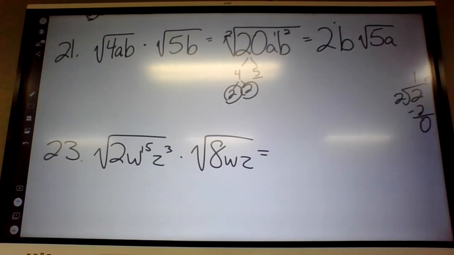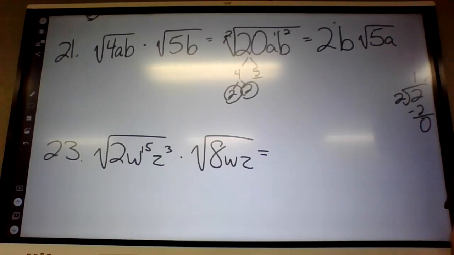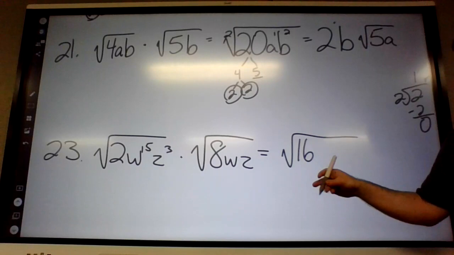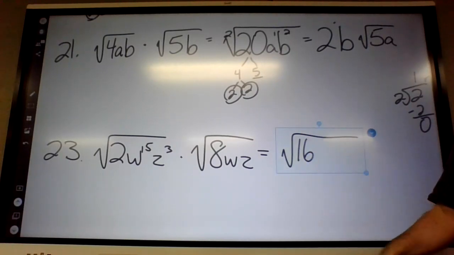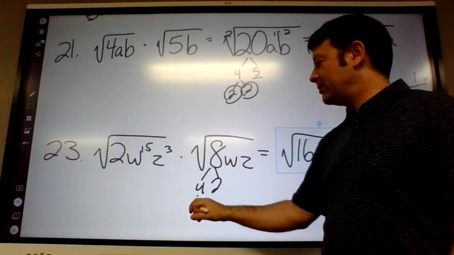Or what would it be if we multiplied these together? You could simplify first, but in this case, let's multiply it together first. 16. The reason multiplying it together would be easier on this one is because 16 does have a square root. If you simplified it over here, that would be fine.